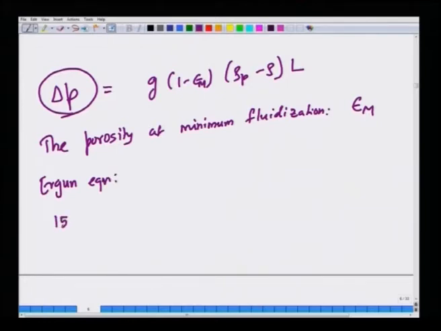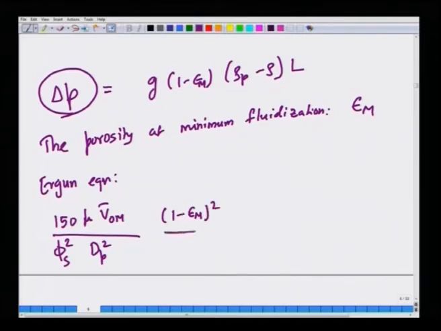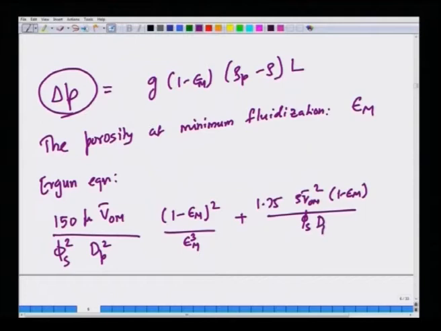We will find that 150 mu V0m, where V0m is the minimum velocity for onset of fluidization, that is the notation in standard textbooks, times (1 minus epsilon m) squared by epsilon m cubed, plus 1.75 rho V0m squared (1 minus epsilon m) by phi s dp epsilon m cubed, is equal to g times 1 minus epsilon m times rho p minus rho, because I am writing an expression for delta p divided by L. Therefore, the L factor will not be there anymore.